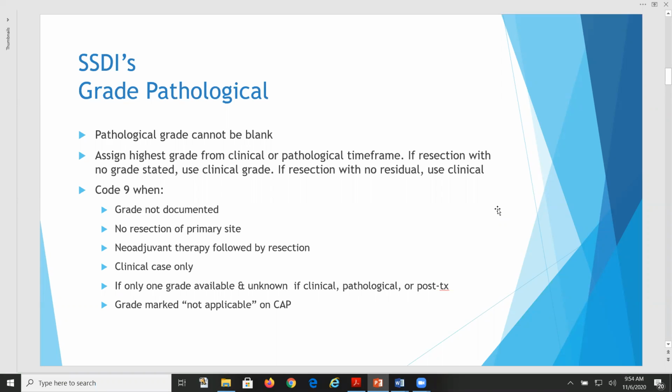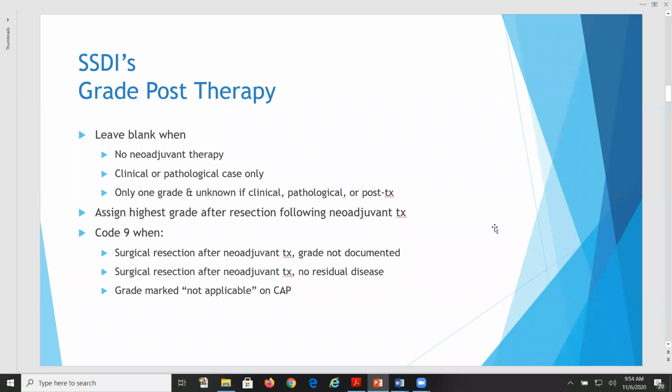Code grade 9 when the grade is not documented, no resection of primary site, neoadjuvant therapy followed by resection, clinical case only, and if you only have one grade and you do not know if it is clinical, pathological, or post-therapy, you will code grade pathological as 9, and also code 9 if the grade is marked not applicable on CAT.